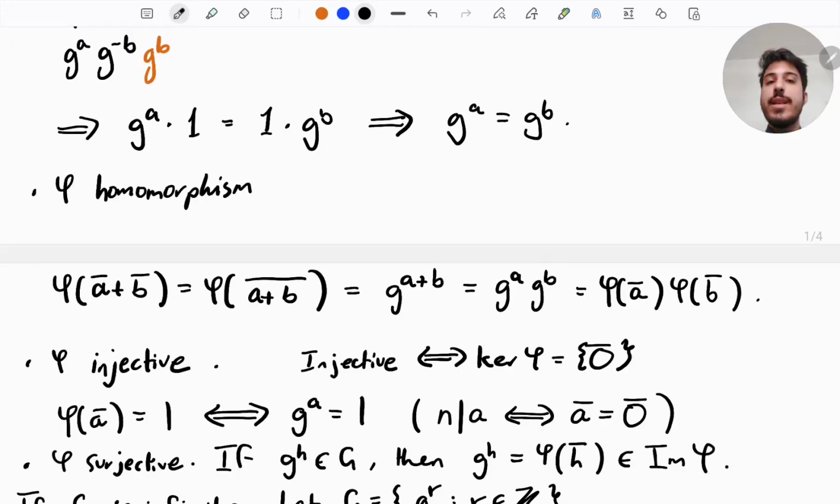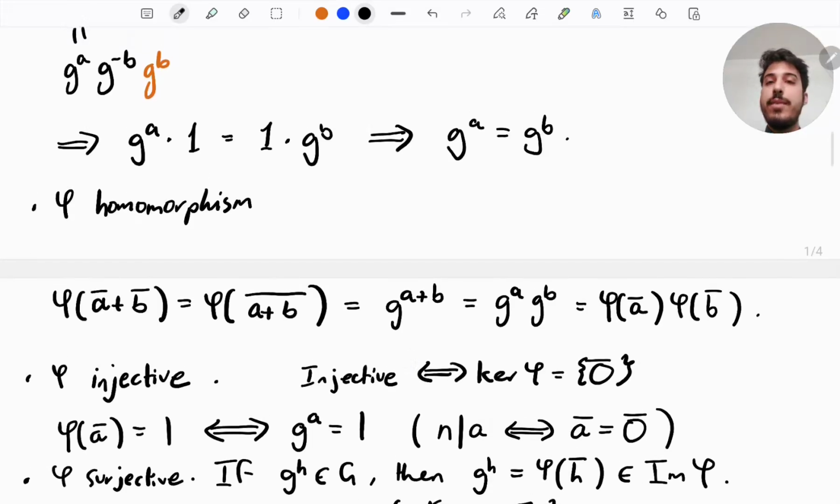So basically what I just said is that any element in the cyclic group G has the form g to the h, but we know that g to the h is the image of some h bar by phi, thereby proving that phi is a surjective map. So we have that phi is a well-defined homomorphism that is both injective and surjective, so phi is an isomorphism, thereby proving the result for a finite cyclic group G.